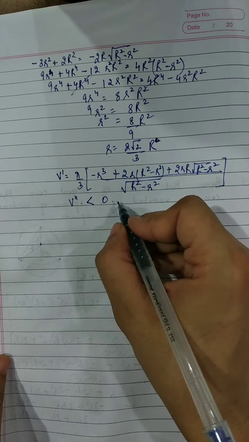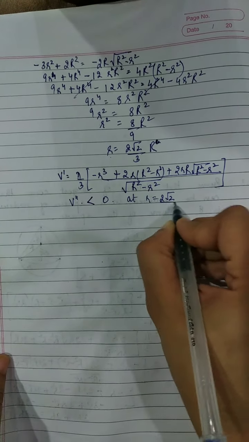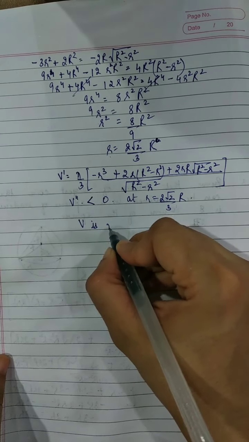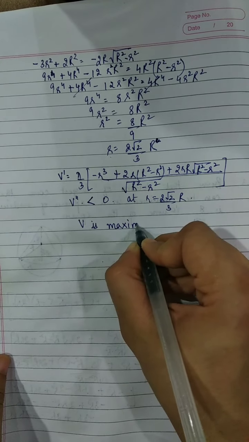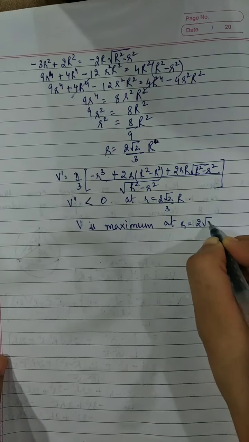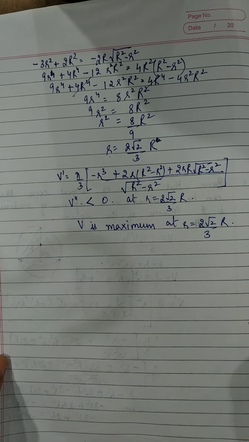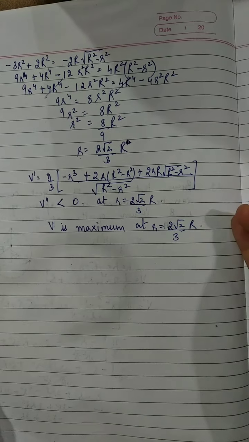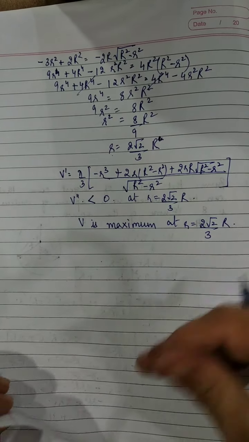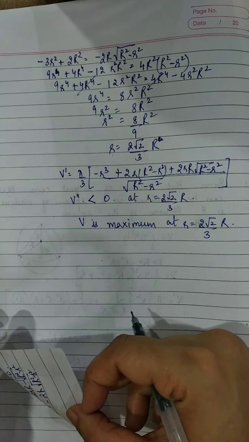So if it comes out to be less than 0 at r is equal to 2 root 2 upon 3 into R, we prove that volume is maximum at r is equal to 2 root 2 upon 3 into R. And if it is maximum, remember this r will be the point of maxima. So at this particular value, the volume is going to be maximized.